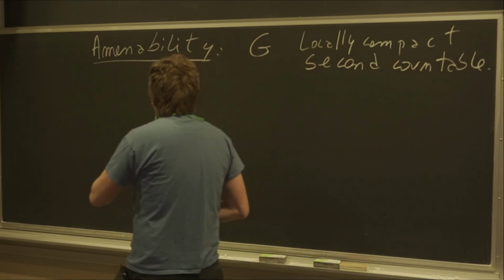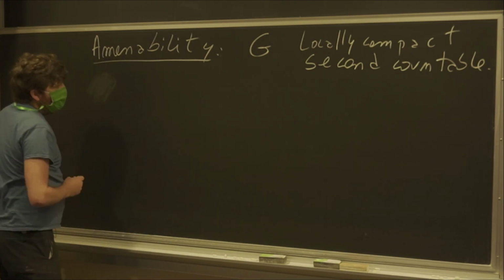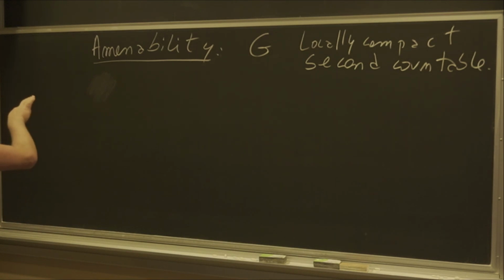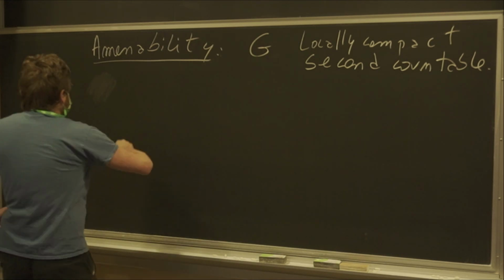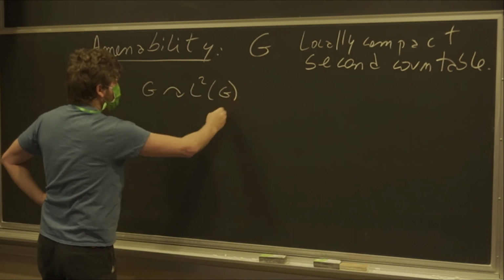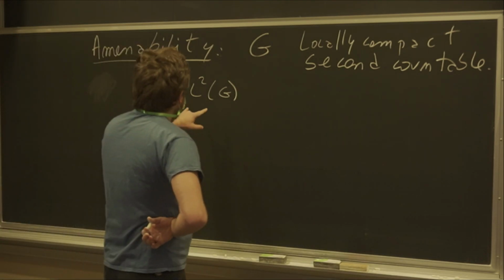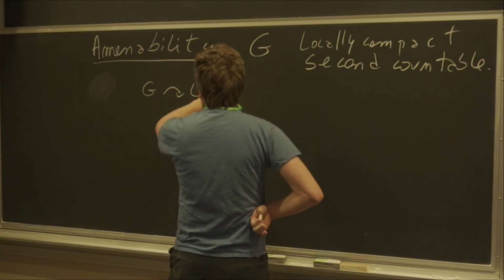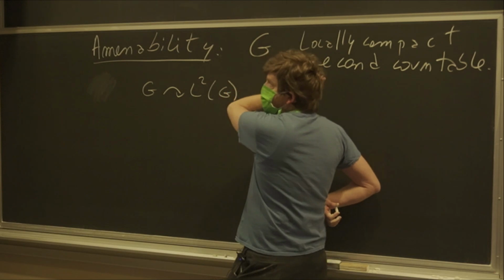Okay, so before I go to the definition, because there are several equivalent definitions, and I want to stress essentially two definitions, maybe three, let me introduce one more object, which is the standard action or representation of G into L2 of G. So when I write L2 of G or L2 of any group, I just mean it with the corresponding Haar measure.